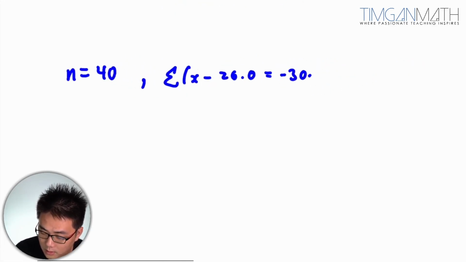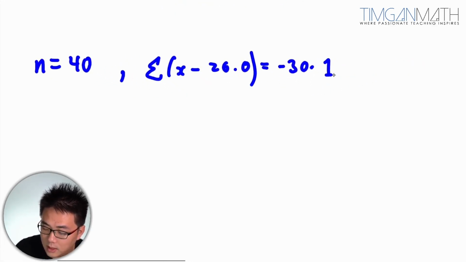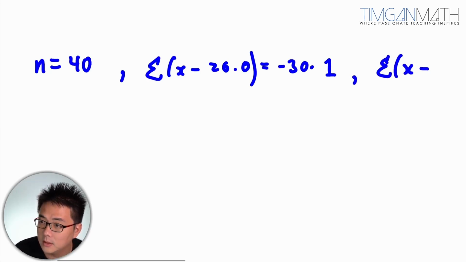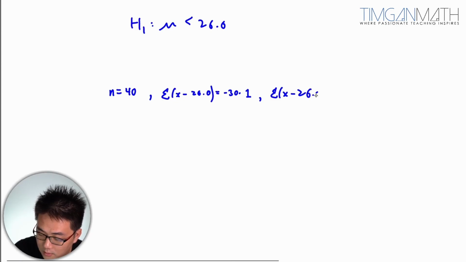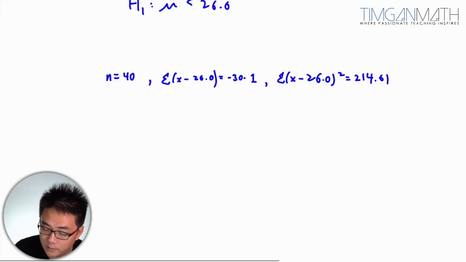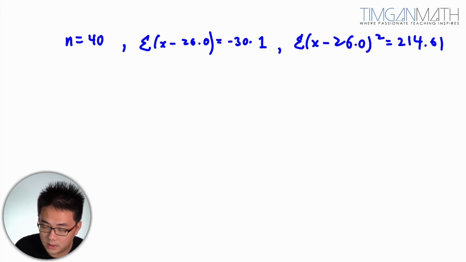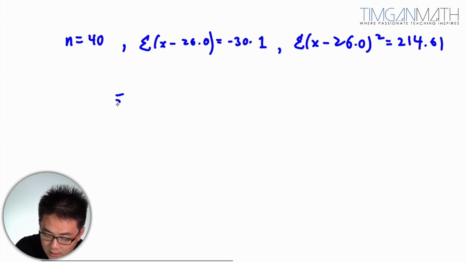Also summation of (x minus 26.0) squared is 214.61.